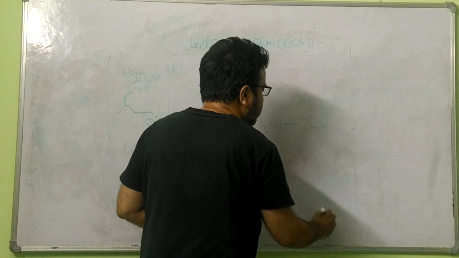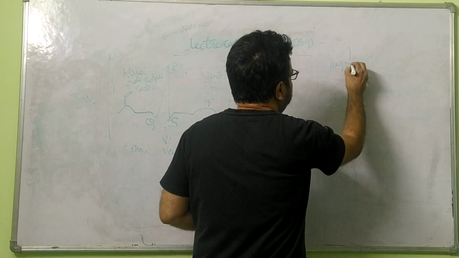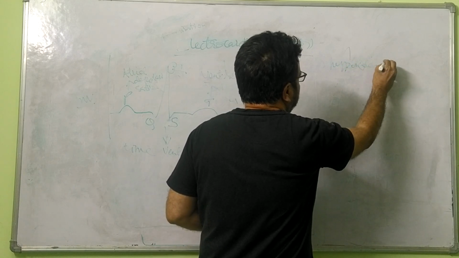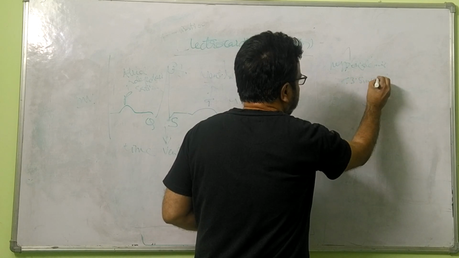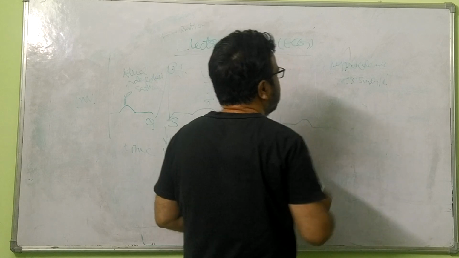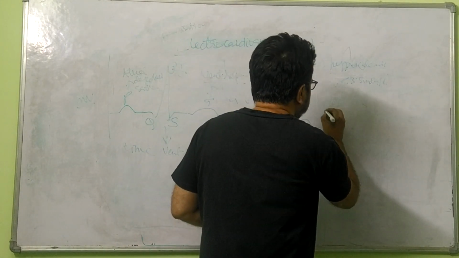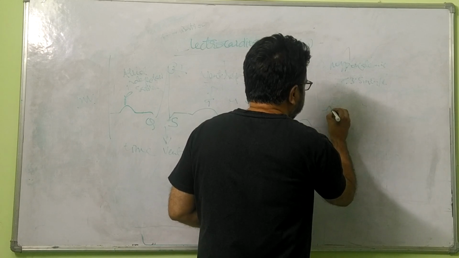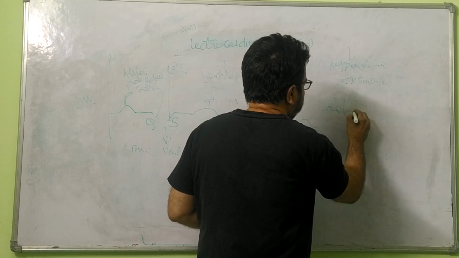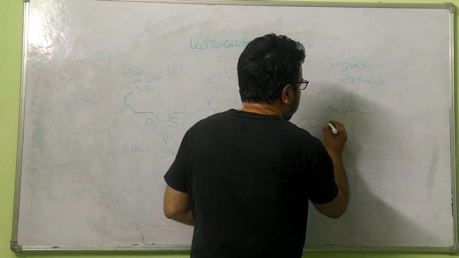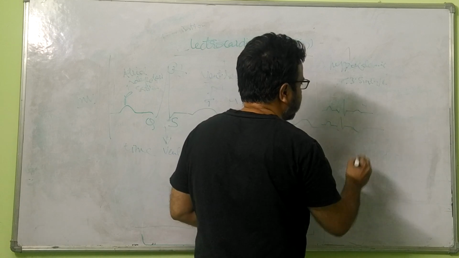Now in some situations it's abnormal, like in hypokalemia, a condition of less than 3.5 milliequivalents per liter of potassium ions. So this hypokalemia condition leads to either T wave flattening or T wave inversion.